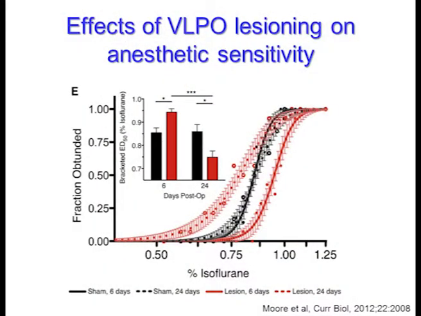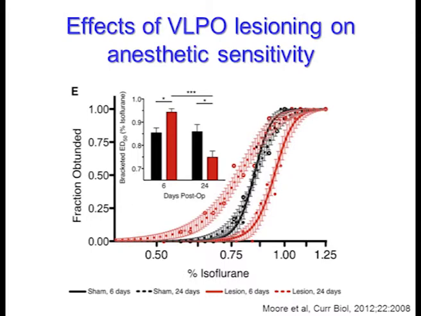There's both an acute and a chronic effect. So this is basically just a dose-response curve. This is in rodents. You have the fraction obtunded and the percentage of isoflurane. So in black is your control, normal dose-response curve with a sham surgery. So that's the control condition. After the VLPO is lesioned, not really acutely, but 6 days afterwards, what you see is a rightward shift in that dose-response curve.